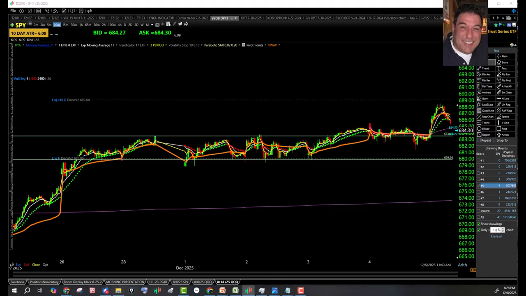Let me see if I got my drawing tools up there. Okay, from the bottom to the top, the bottom to the top, the bottom to the top.